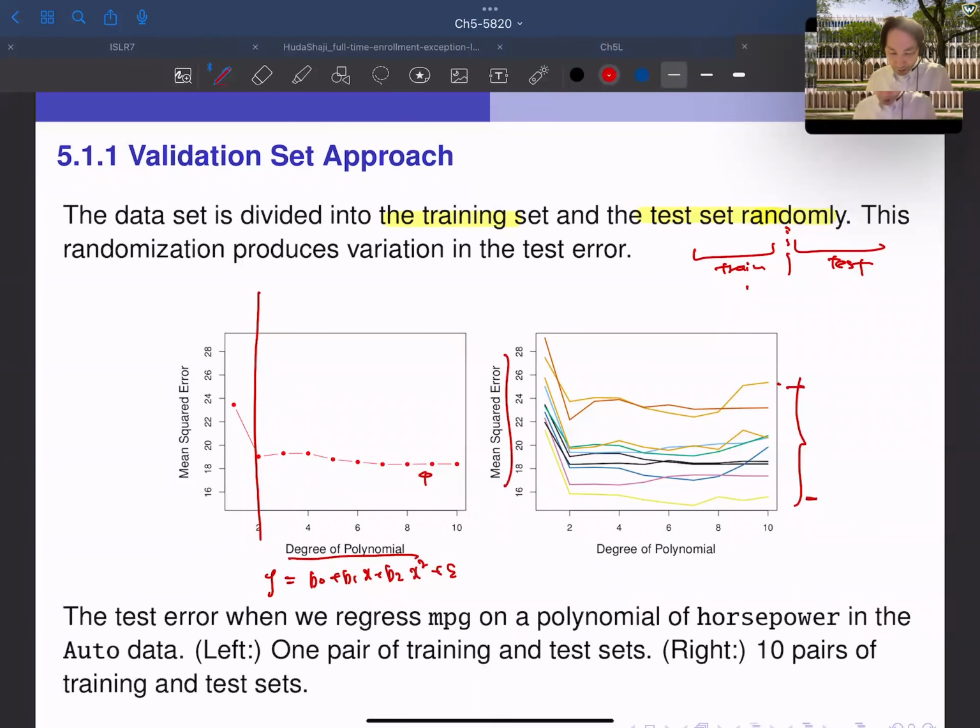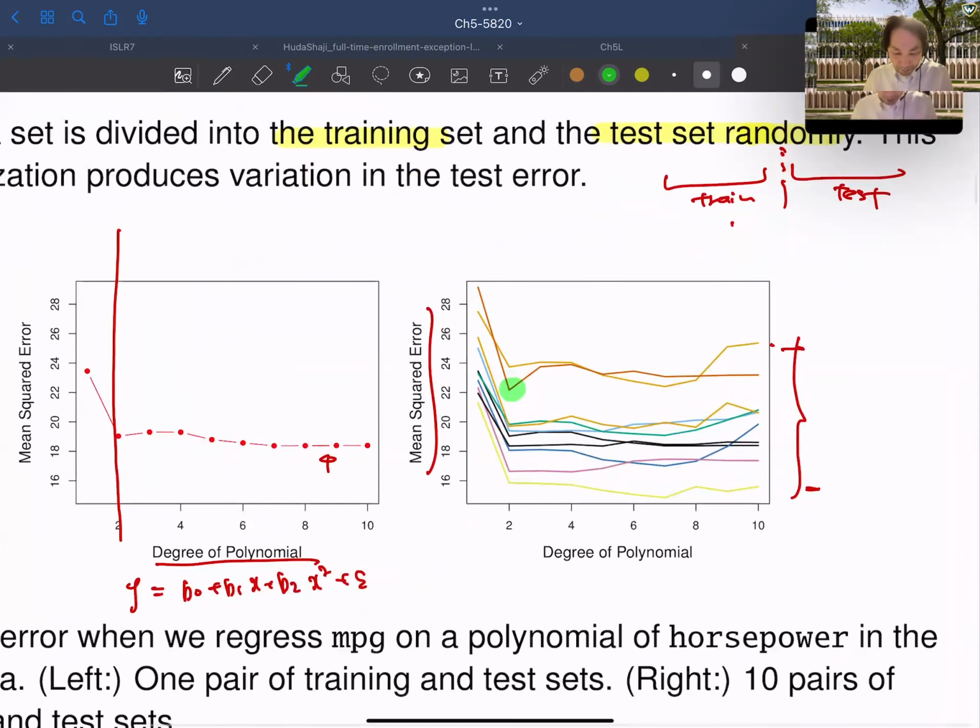Also, the optimal model is different. For example, in the case of the thick orange line graph, probably 2 is the best degree of polynomial, but for maybe this yellow one, probably 7 is the best.